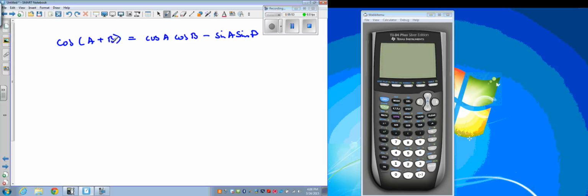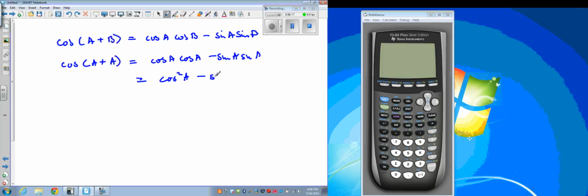Now, if you substitute A for this B, then this becomes cosine A cosine A minus sine A sine A, cosine squared A minus sine squared A. That's cosine 2A. That's how the formula came about.